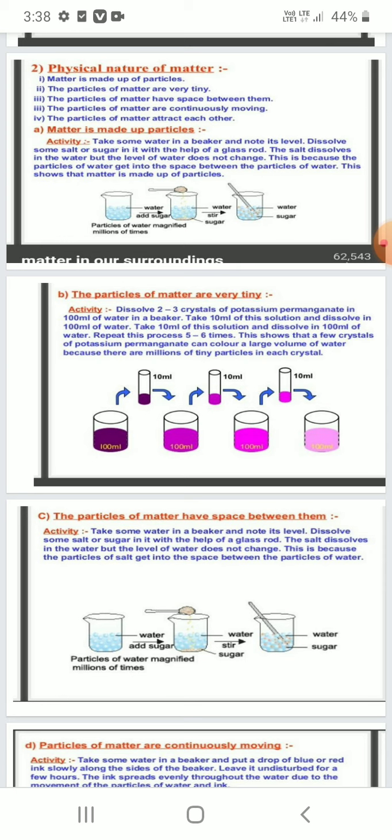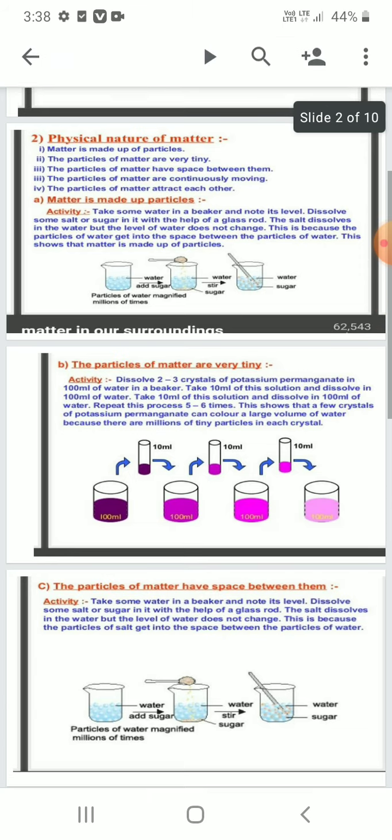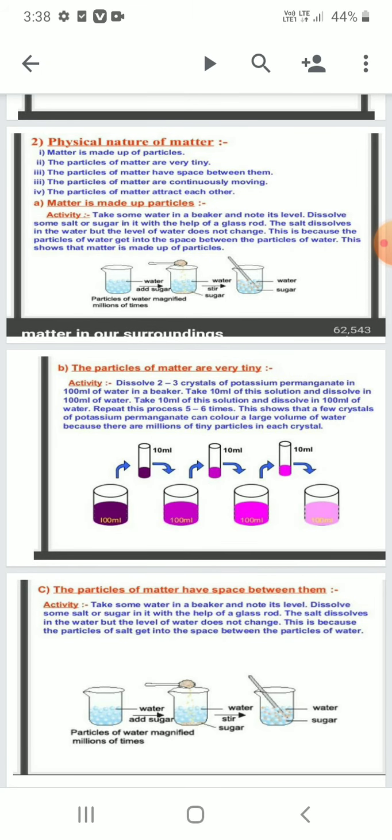We'll discuss one activity so that we come to a conclusion that matter is made up of particles. Take some water in a beaker and note its level first, with the help of a marker.